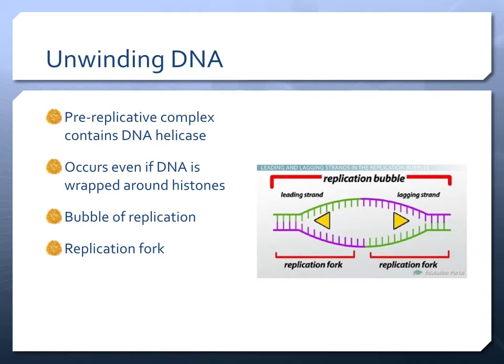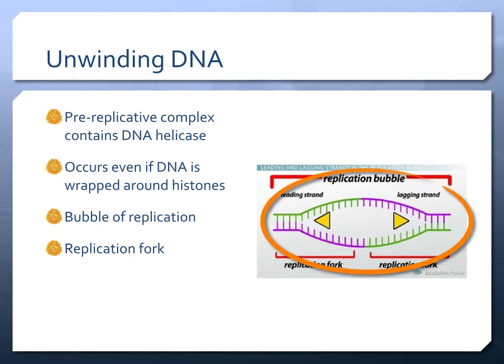It means that on a previously attached double-stranded DNA piece, you now have a part where the two strands are separated, and it creates an opening or a bubble shown here.